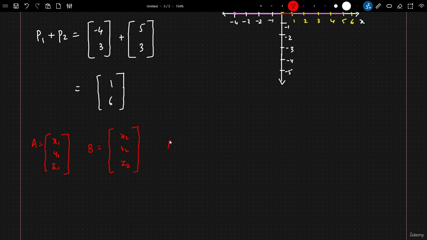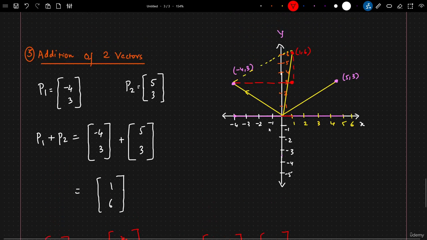So if I perform the operation a plus b, it is going to give you x1 plus x2, y1 plus y2, and the third thing that you're going to get is z1 plus z2. If I denote this as x3, y3, z3, this will be my new vector in short. Okay. So the addition part is very simple. I hope you have understood it with a simple example.